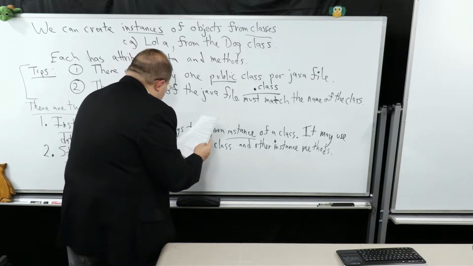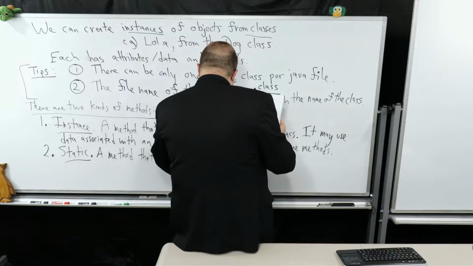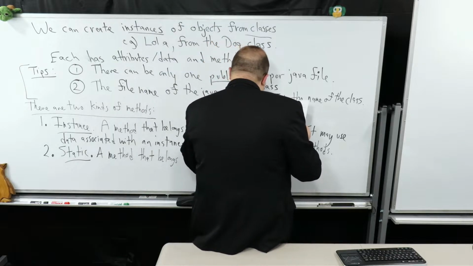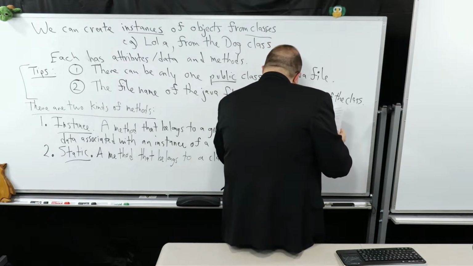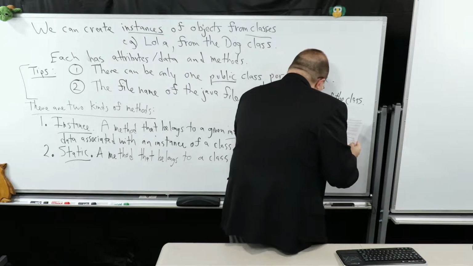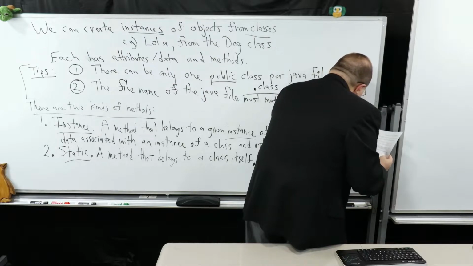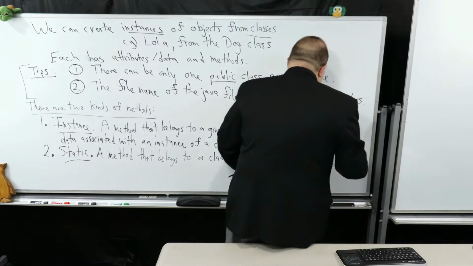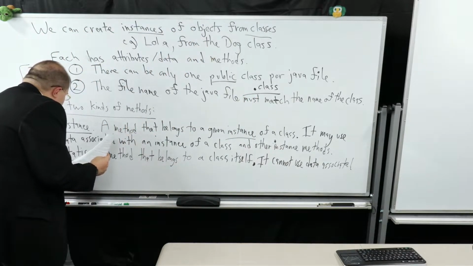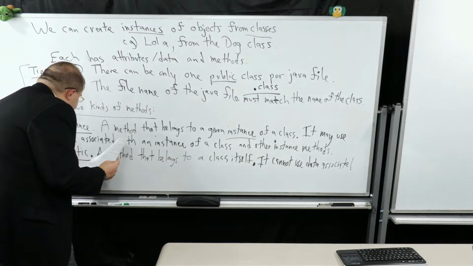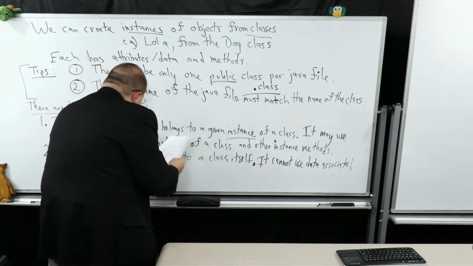So a static method is a method that belongs to a class itself. And I must stress that it cannot use data associated with instances of a class and instance methods.